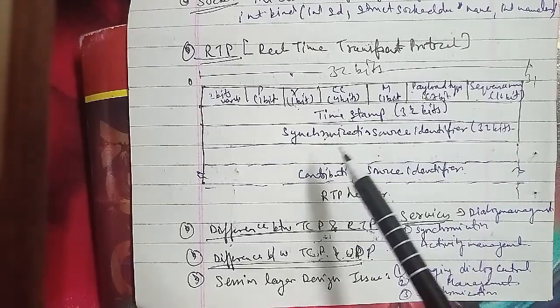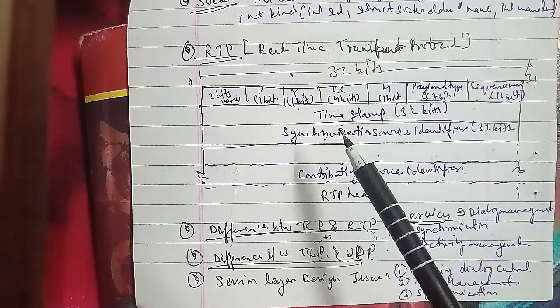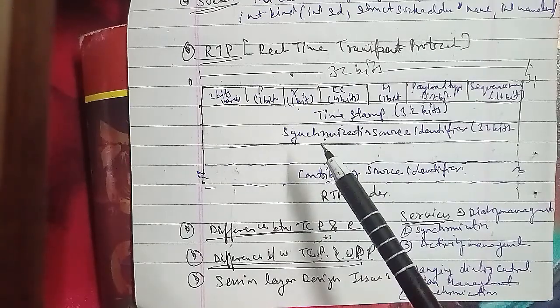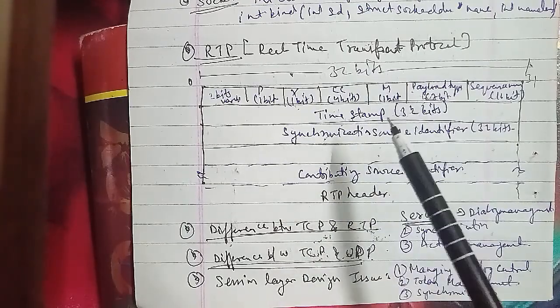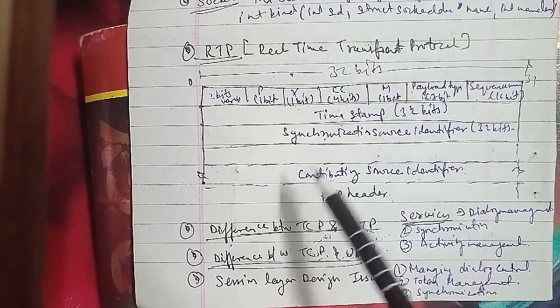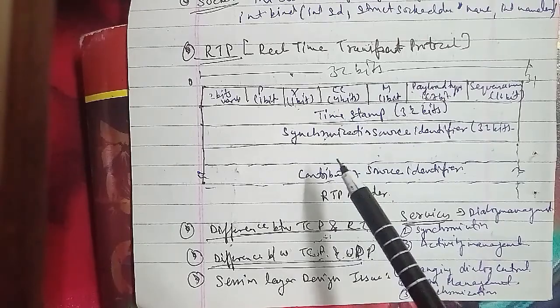Unit 3 we have completed: the network layer, point-to-point network layer, routing, congestion control, internetworking, TCP/IP packets, IP address and IPv6.